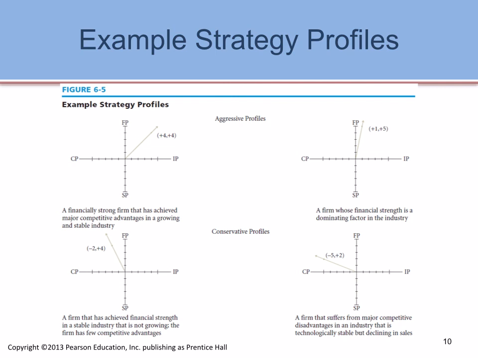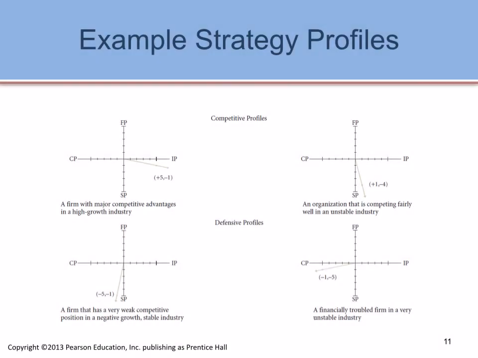It's always at the intersection of FP and IP. Again, the competitive profile is always at the intersection of IP and SP, whereas the defensive profile is always at the intersection of CP and SP.